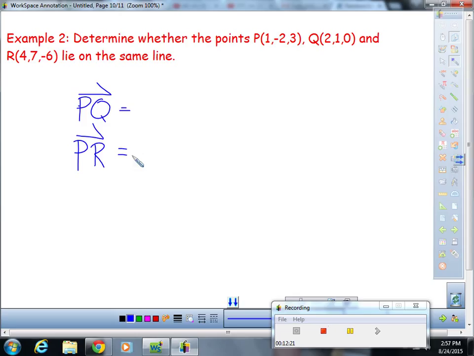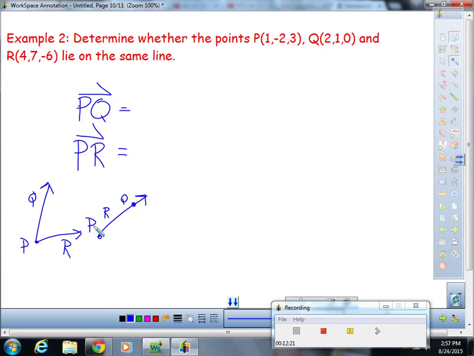This picture either looks like this, or it looks like this. Can you imagine that? That's what we're trying to figure out.